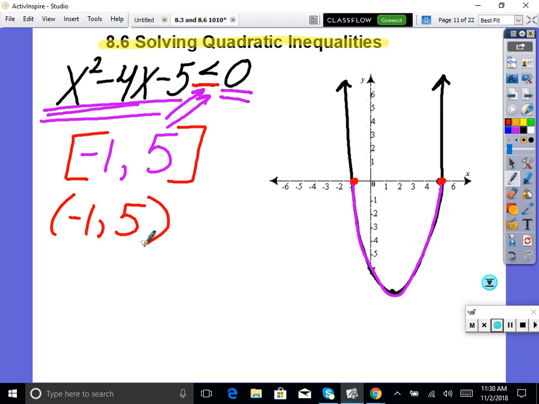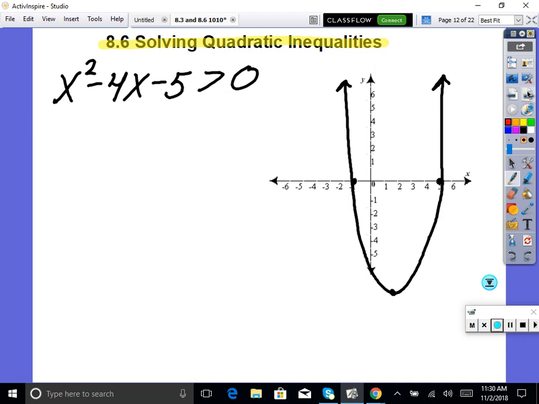Really easy stuff. Now, okay, so let's do this one then. Let's answer this question. When is the quadratic greater than 0? Let's highlight where that happens. When's the quadratic above 0? Here's 0. Isn't this where it's above 0? Here and here. So what would our intervals for x be? From -infinity up to -1, right?